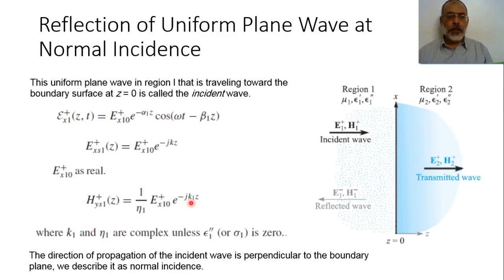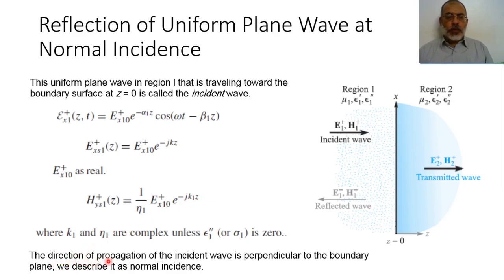Okay? k1 and eta are in general complex. Assuming that epsilon double prime 1 or sigma 1 is 0, in this case k1 and eta 1 would be purely real. To simplify the problem, we are going to study the case of a lossless medium at the beginning, and then we can generalize our solution to the case of a lossy medium.